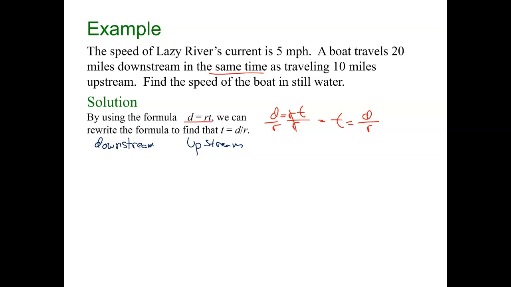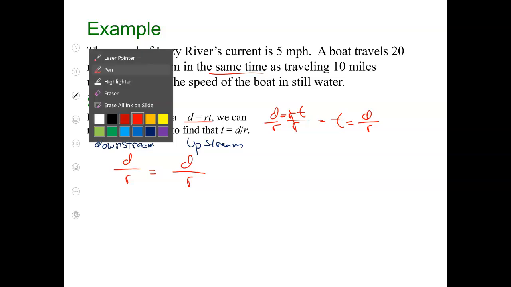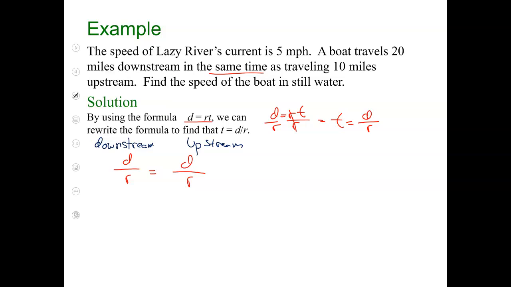So I'm comparing the distance downstream over its rate downstream equals the distance upstream over the rate upstream. What's the distance downstream that it went? 20 miles.